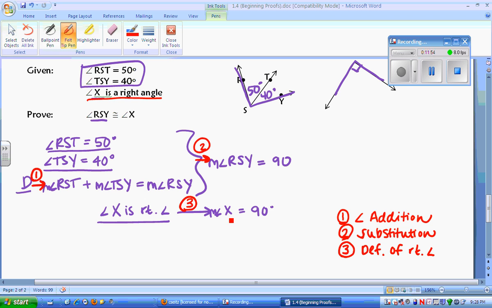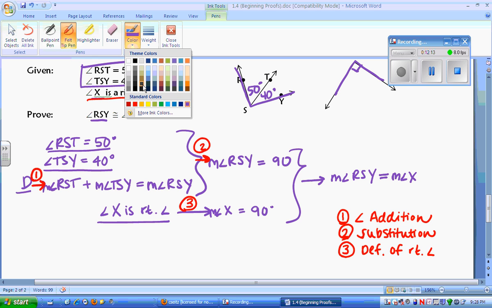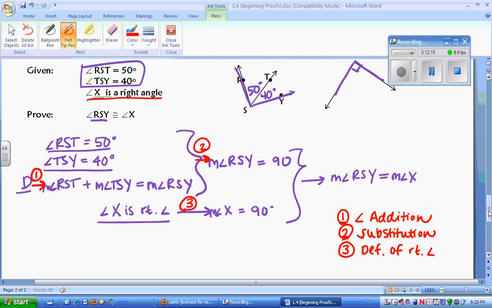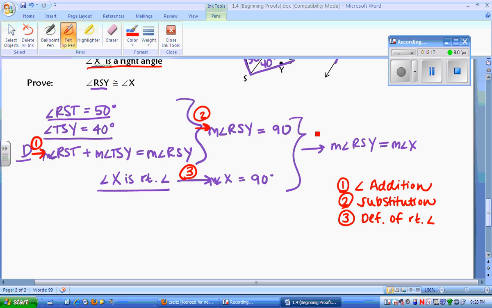Okay, now I can't say they're congruent right off the bat. I have to use substitution again and say their measures are equal. So before I say congruent, I have to say the measure of angle RSY is equal to the measure of angle X. Okay, so that would be step 4.